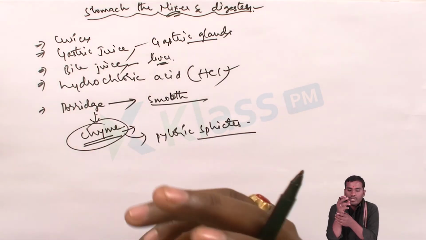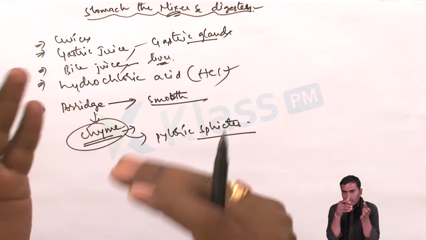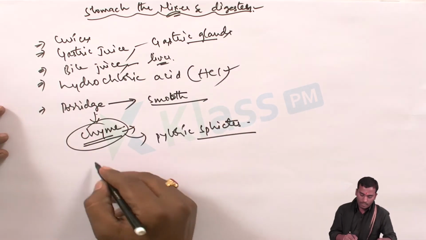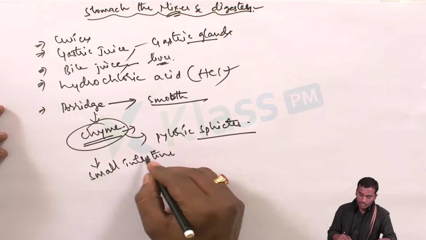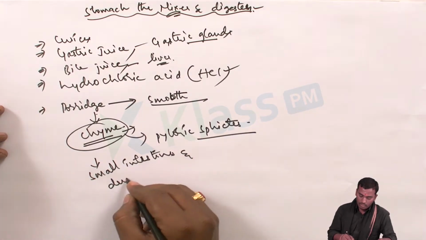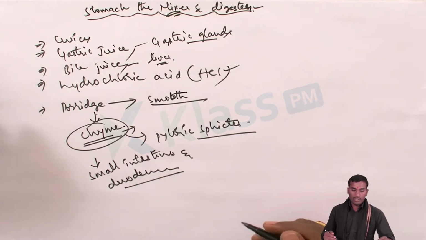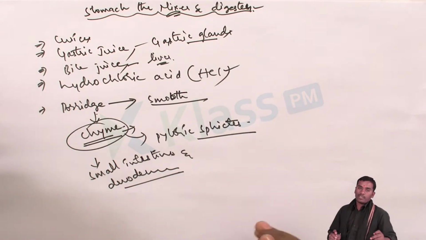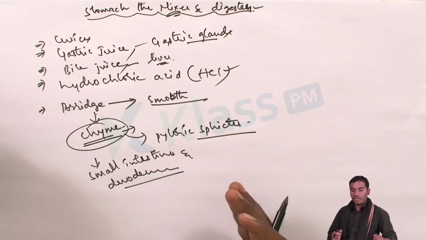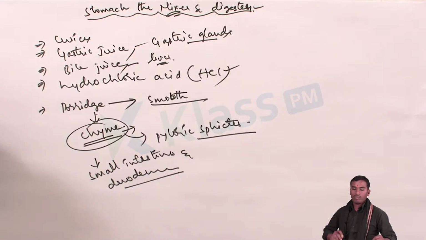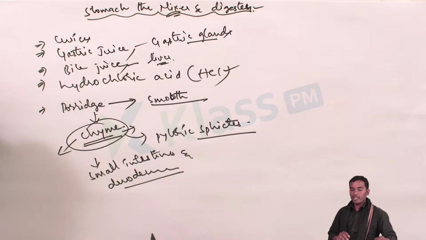The food goes from the stomach to the small intestine, and then to the duodenum. The sphincter relaxes and opens the pathway into the duodenum, releasing the partially digested food, chyme, in small quantities.